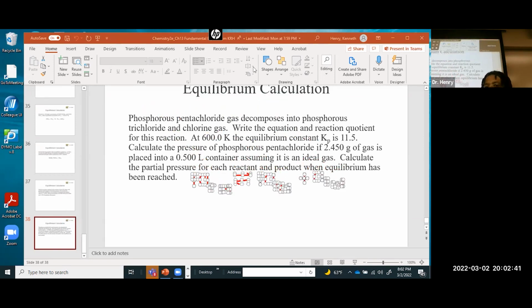Okay, so it will be an ice table. So initially, what are we starting off with?